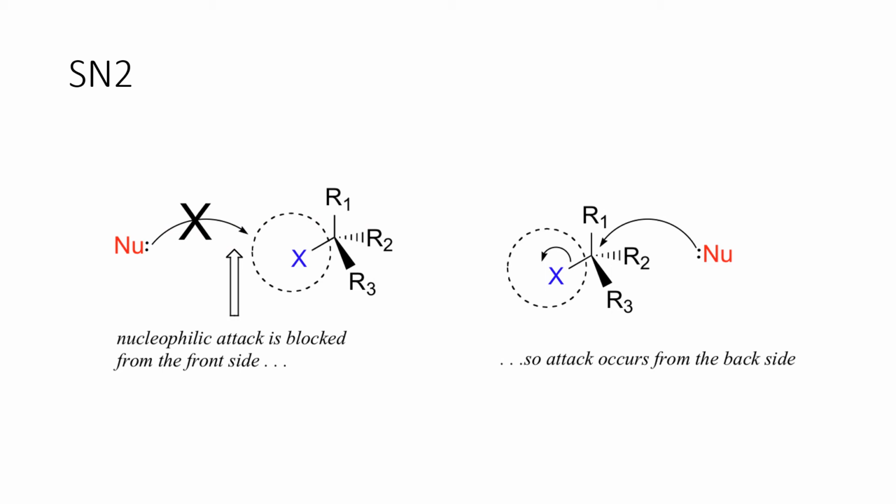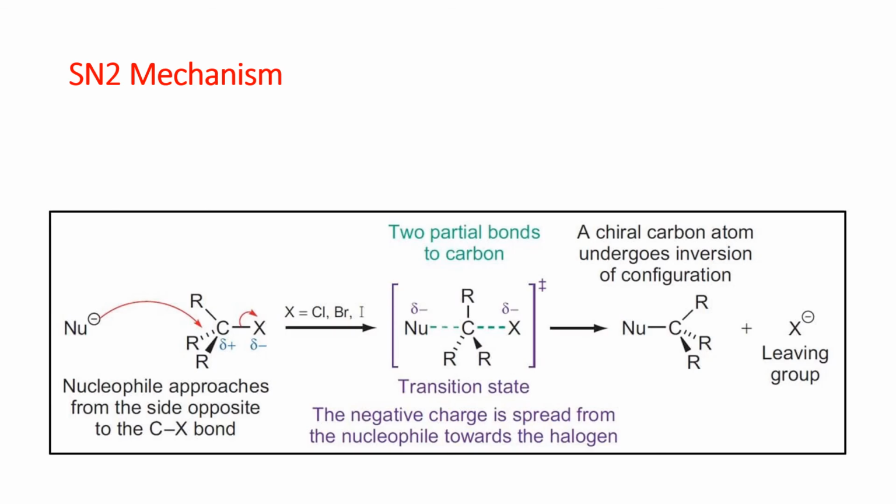And there is more probability of the attack of the nucleophile from the opposite side of the leaving group. On the same side as the leaving group, there is less probability of attack of the nucleophile. As a result, there is higher probability of formation of inverted product as a result of SN2 mechanism.